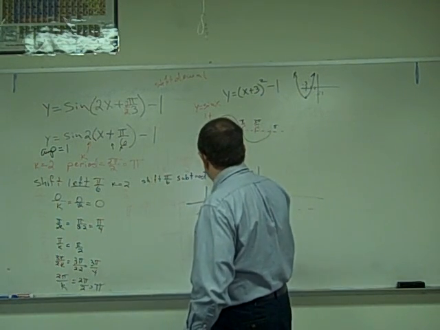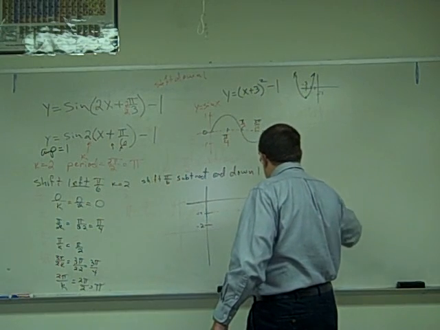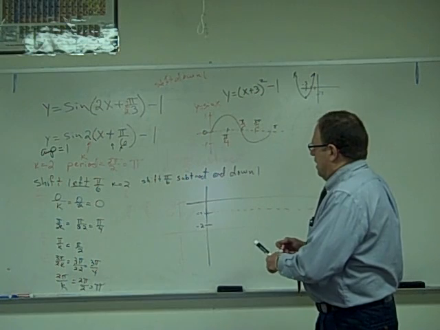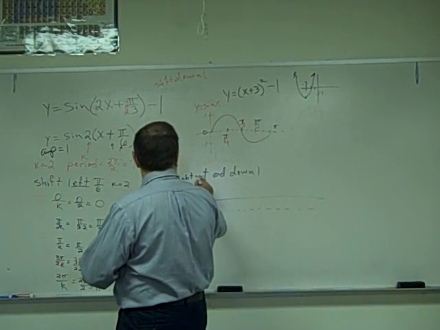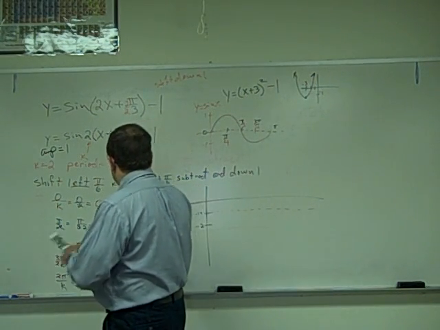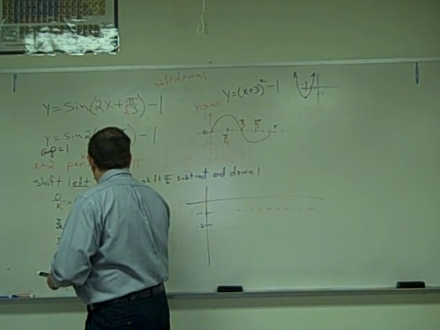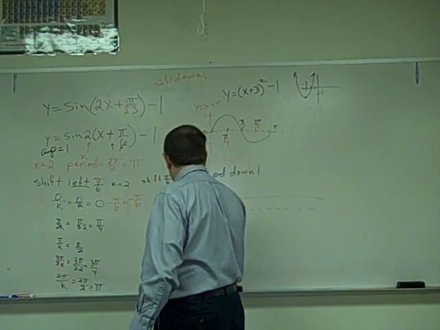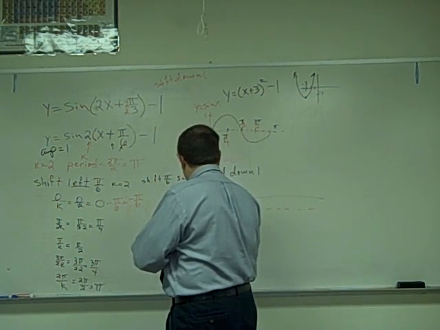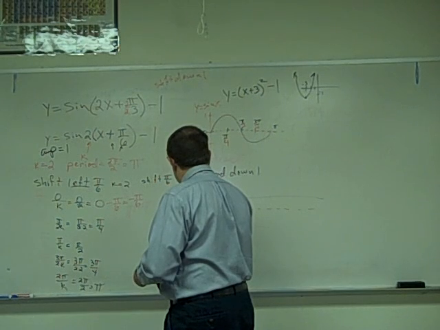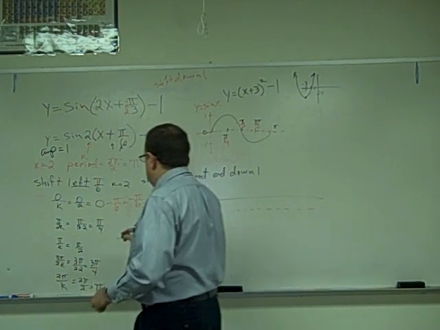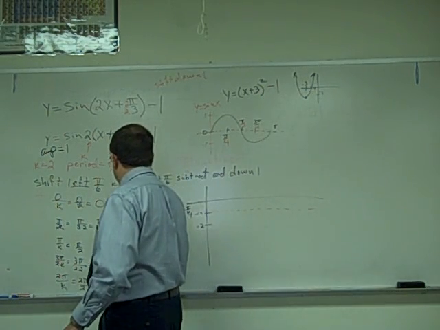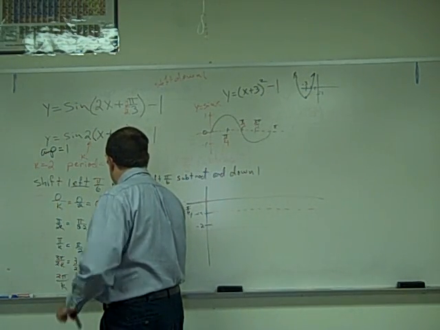And now it's going to oscillate back and forth between 0 and -2. And since we're going to subtract, we're going to start at -pi over 6. So here's a -pi over 6. And then it's going to go up to 0. But now we have to subtract pi over 6 here.